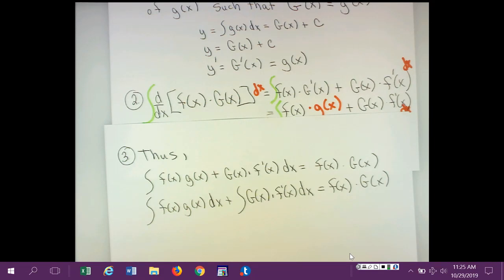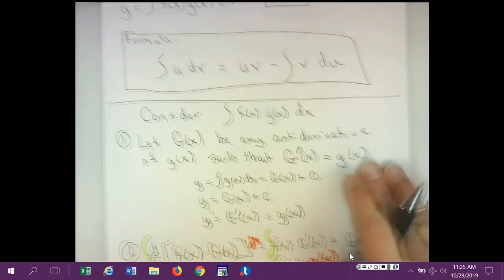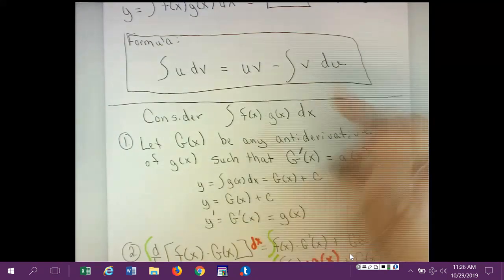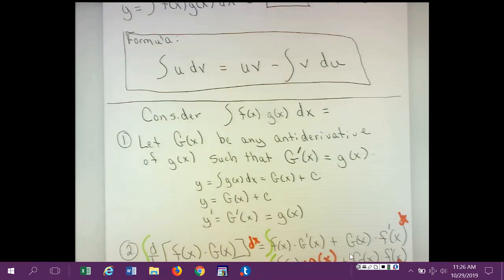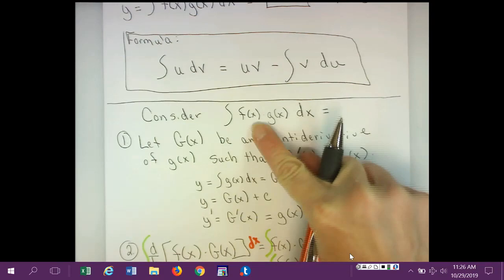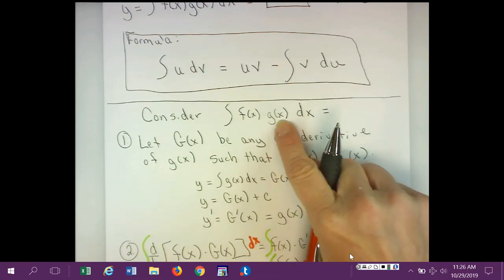Step 4: if you notice what we started with on the first page, we wanted to consider solving for this particular integral with the integrand being a product of little f times little g.